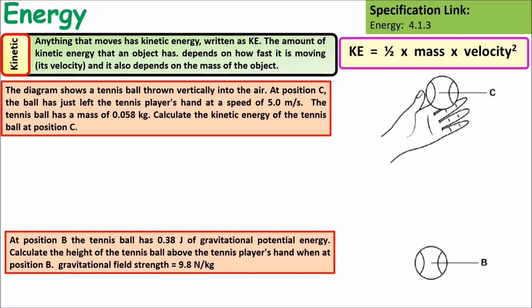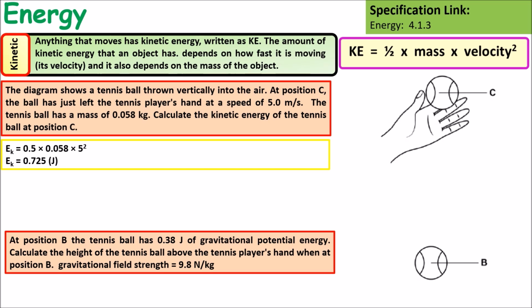Have a go and then check the answer. You're going to have 0.5 times 0.058 times 5 squared, which will give you a kinetic energy of 0.725 joules.